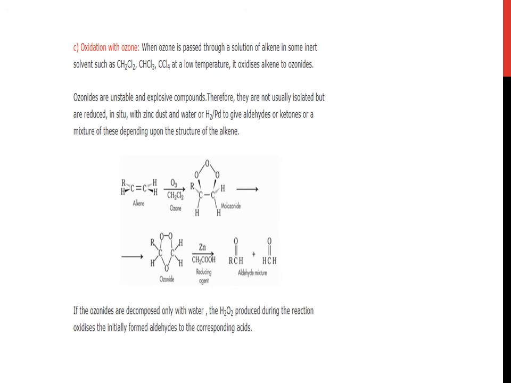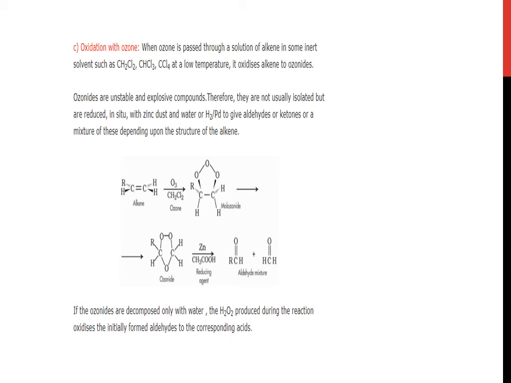Oxidation with ozone. When ozone is passed through a solution of alkene in some inert solvent such as CH2Cl2, CHCl3, CCl4 at low temperature, it oxidizes alkene to ozonides. Ozonides are unstable and explosive compounds.